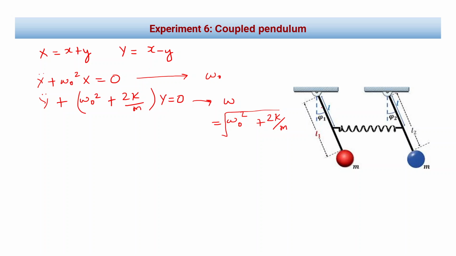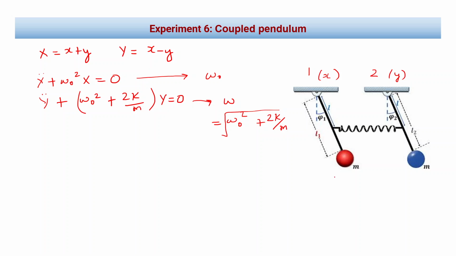So, as I said initially, let me write 1 and 2 again. Here we gave the displacement x and here we gave the displacement y. Now say these two displacements are equal and in the same direction.